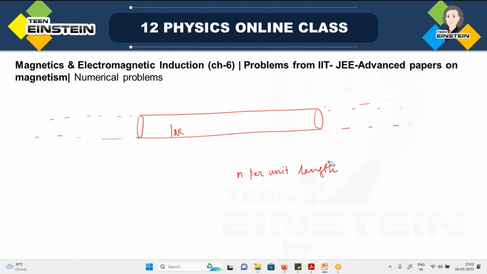So inside this solenoid, the conductor of radius r is kept like this, coaxially. Both are infinite. This one is carrying current I, and this one is also carrying current I at each turn.